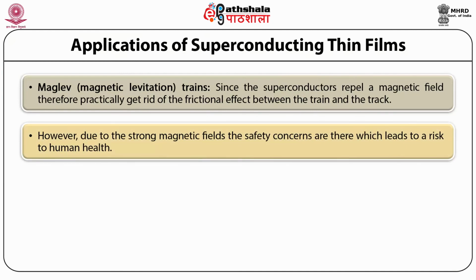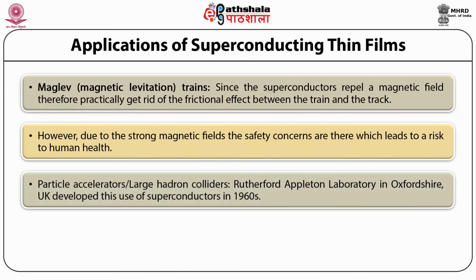However, due to the strong magnetic fields, there are safety concerns, which lead to a risk to human health. The second important application is in particle accelerators or Large Hadron Colliders.